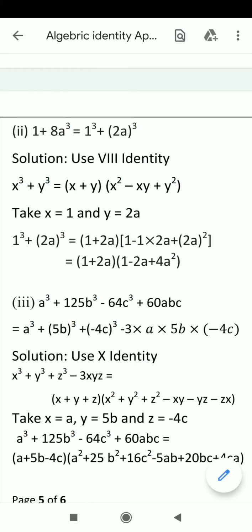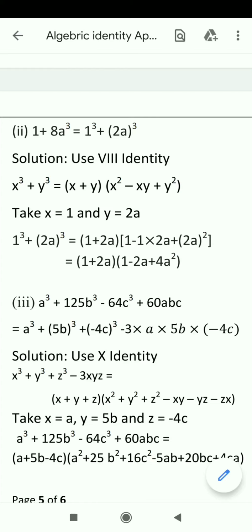Now the third part, a cube plus 125b cube minus 64c cube plus 60abc. This we can write as a cube plus 125b cube, we can write as 5b whole cube, minus 64c cube we can write as minus 4c whole cube, and then the product 60abc we can write as minus 3 into a into 5b into minus 4c.